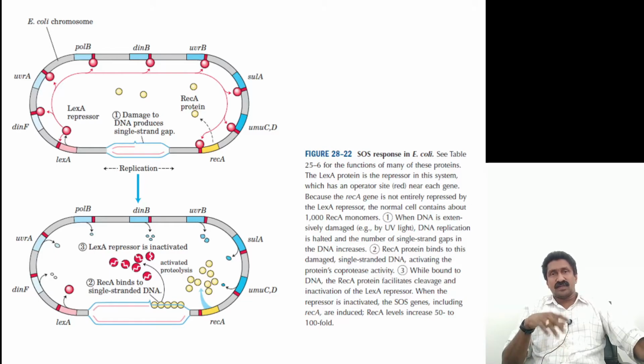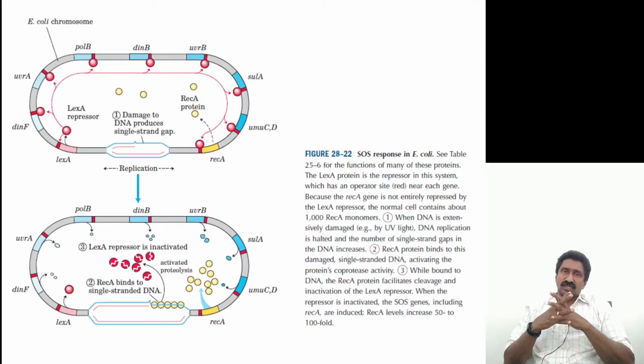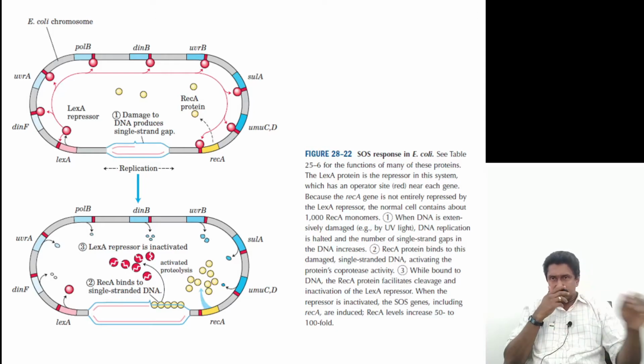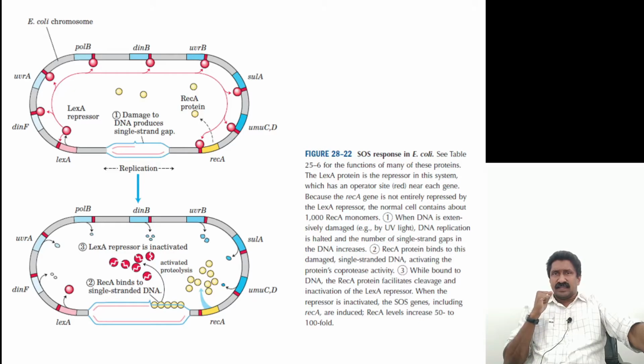So here we have another example of another type of gene regulation. This is the SOS response in Escherichia coli, and here the LexA protein is a repressor in this system. Here is the LexA repressor protein, the red ones, and it actually binds near every gene.